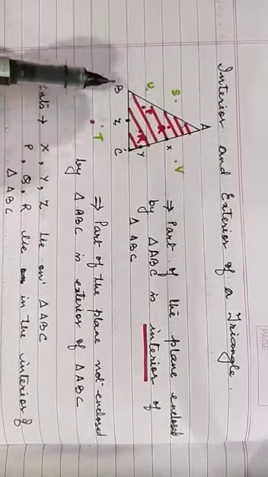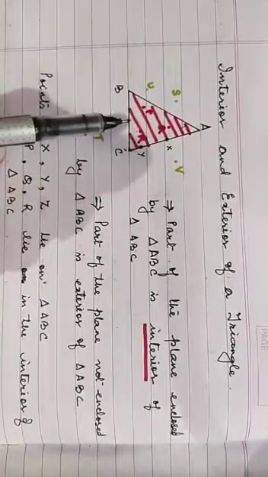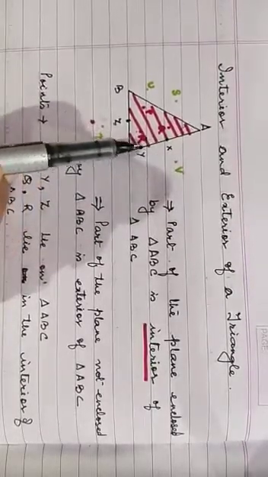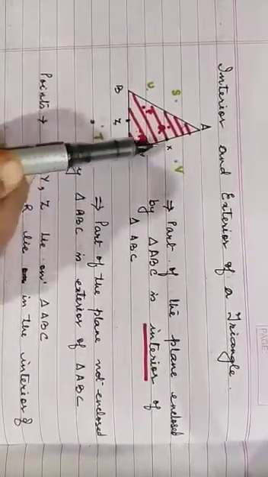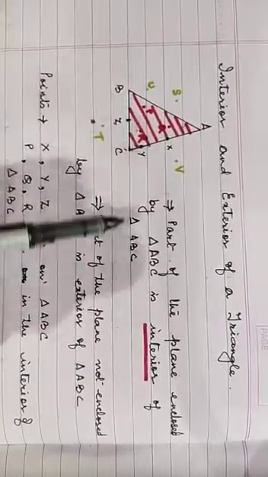So in this triangle we have X, Y, Z. These points X, Y, Z are lying on the boundary, isn't it?